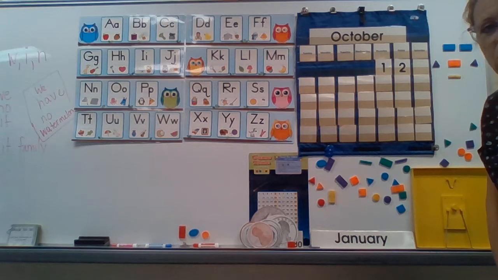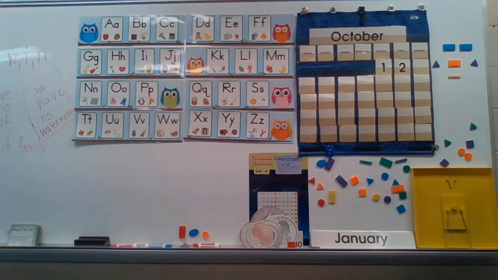How many shapes are above the orange rectangle? 2. There are 2 blue rectangles above the orange rectangle. How many shapes are below the orange rectangle? Oh, just 1. The yellow rectangle is below the orange rectangle.